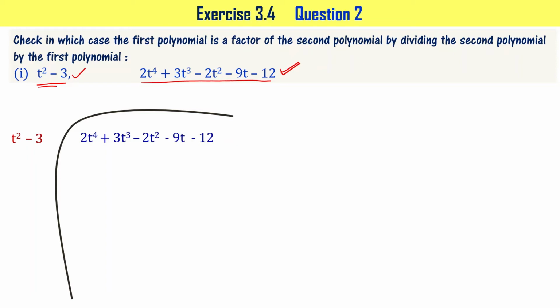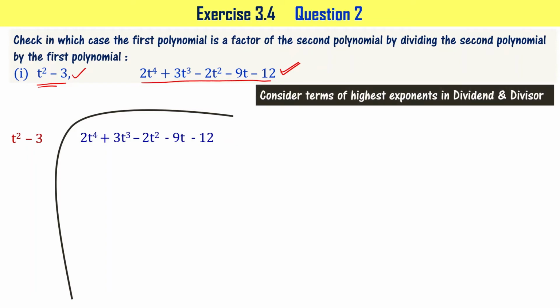The first step in the division process is we have to find the terms containing highest exponents. In the case of the dividend, it is 2t power 4, and in the case of the divisor, it is t square. Let's now divide 2t power 4 by t square such that you have the answer as 2t square, right? That has to be written as part of the quotient here.